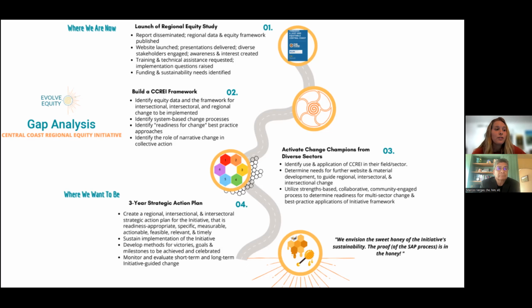Transforming our region to a more just and equitable one will take an intersectional and innovative approach. This also includes a 3-year strategic plan. But beyond these 3 years, it's important to have recognition that this is not just microwave equity, but rather building an intentional model for change that builds and sustains long into the future.